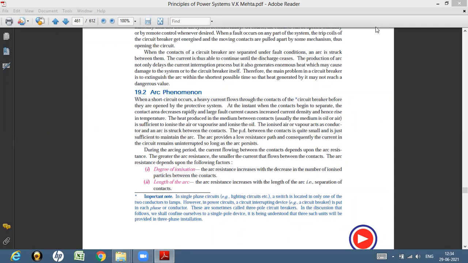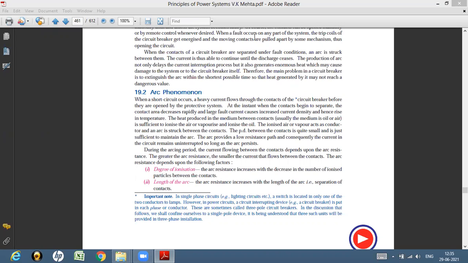That means when the moving contact and the fixed contact are separated, when a fault occurs in the system, an arc is generated. As I discussed in my previous lecture, if this arc cannot be quenched within the shortest possible time, it will damage the circuit breaker as well as the system, because the arc generates so much heat that you have to extinguish it as soon as possible.